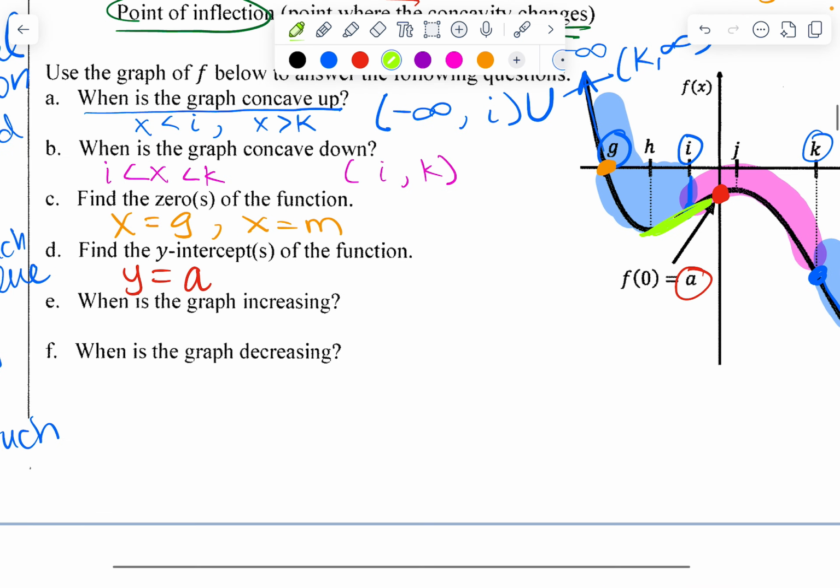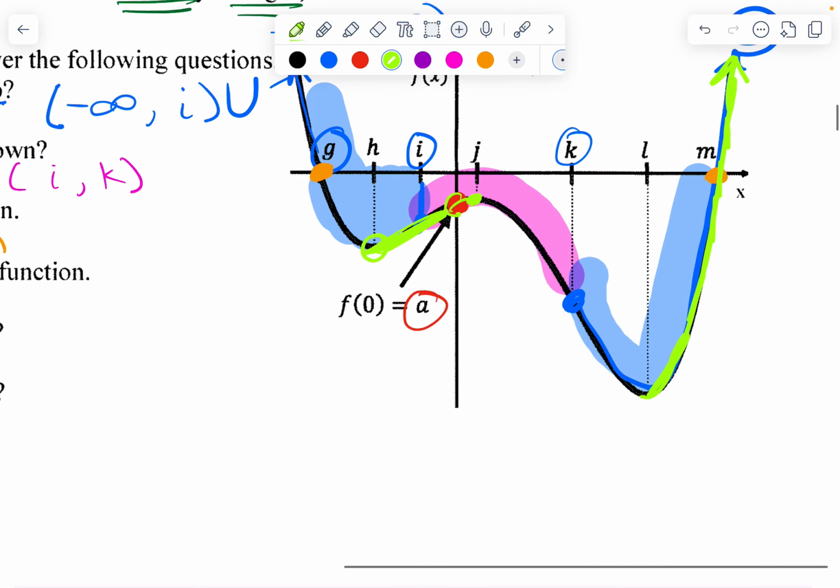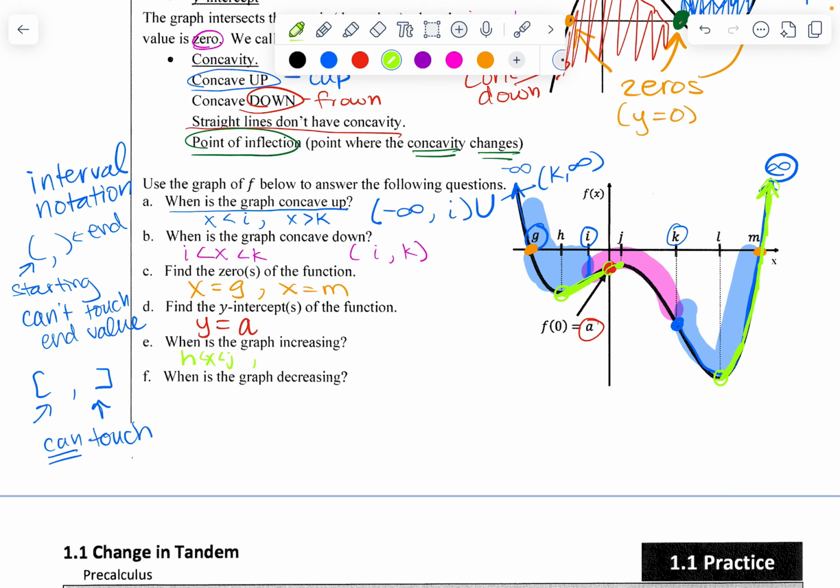We say increasing when X is between H and this point right here, J. We can also see it increasing here from L all the way to infinity. So we can say when X is greater than L. So let's write that in interval notation. So from H to J, and union from L to infinity.